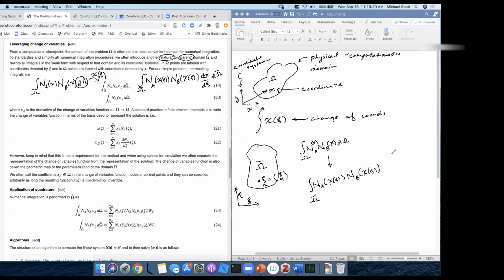Then there's some scaling we call the Jacobian. In this case, it's dx dxc d omega. So we call this thing in general, in 1D it's kind of trivial, but in general we call it a Jacobian. Okay, and it will be in the form of a matrix, and we'll take the determinant of that matrix to determine the scaling.